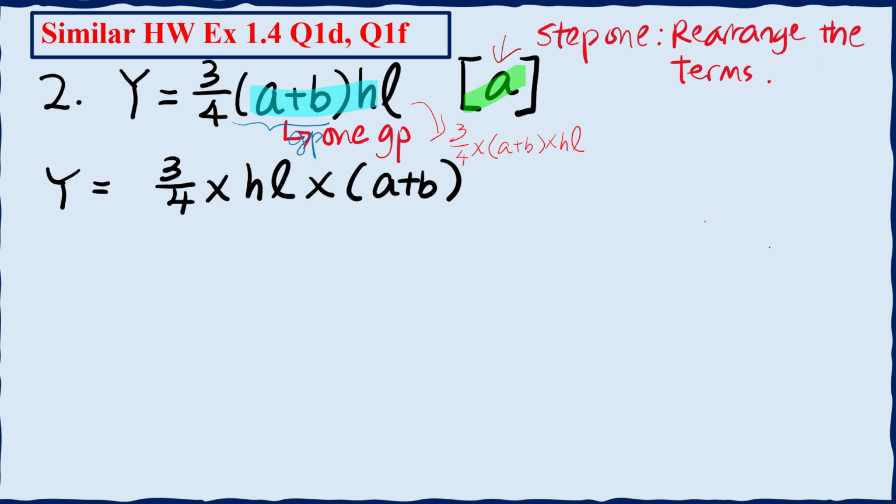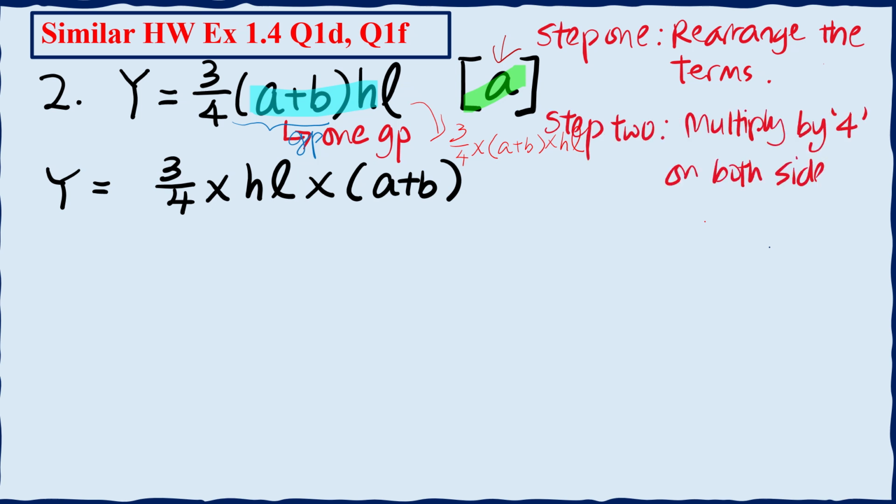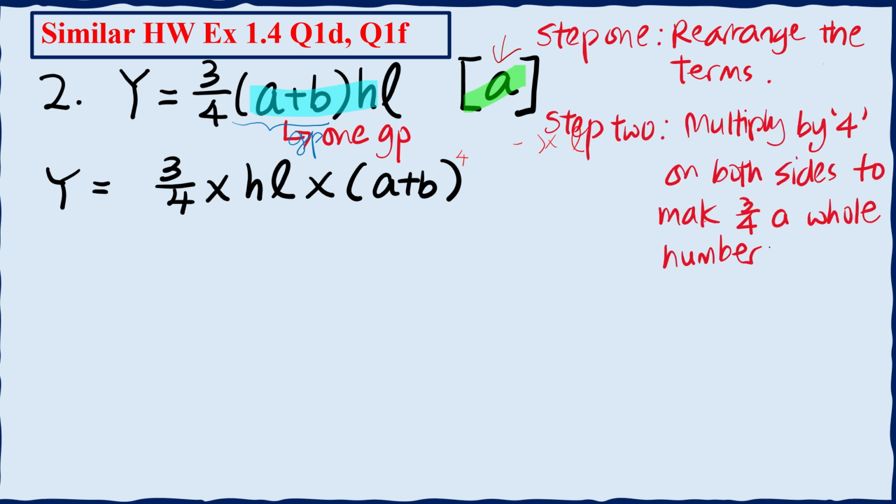I'm going to make 3/4 a whole number, because that will be easier to manage. So how do I do it? To make 3/4 a whole number, I simply multiply by 4 on both sides.